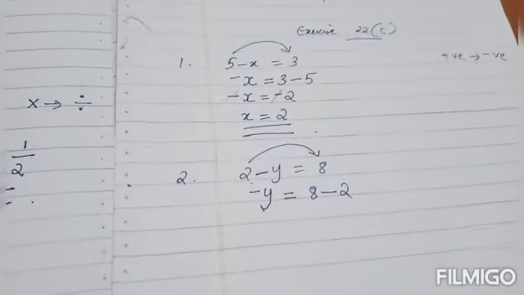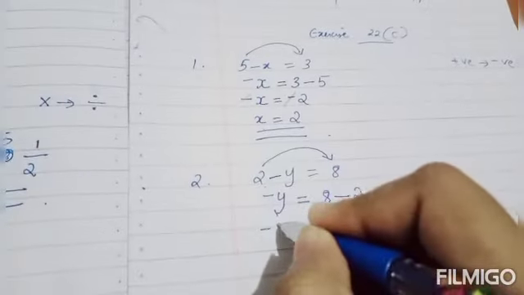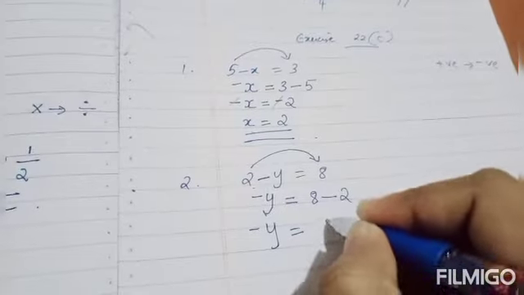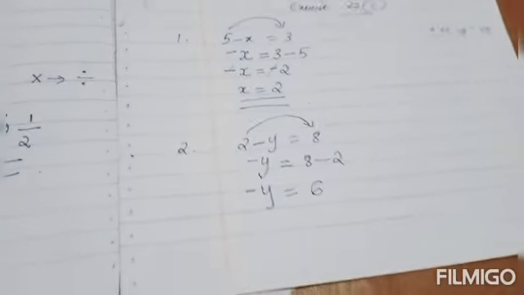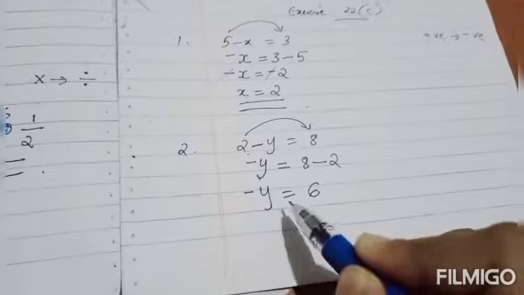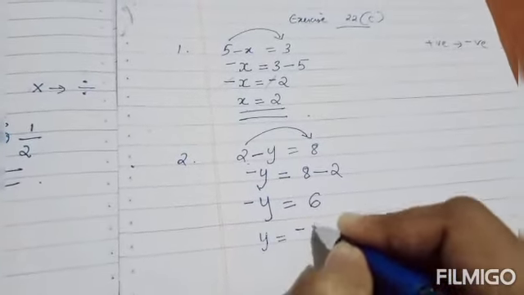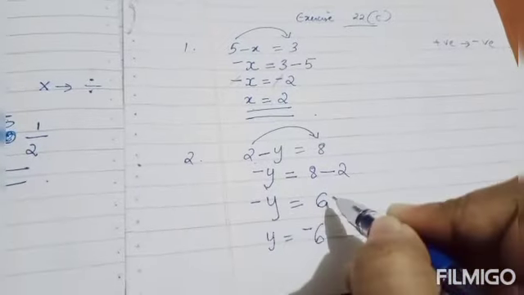Okay, so minus y equal to 8 minus 2, it is 6. Okay, if minus y equal to 6, then y equal to minus 6. This minus you can take to other side.